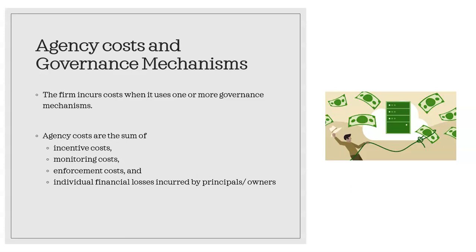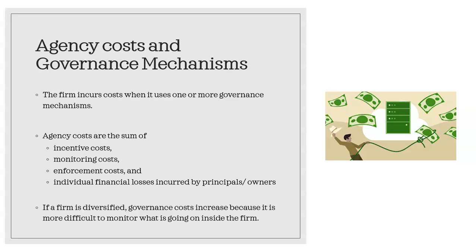So you may have to set up a compliance department, which means that you have to employ more people, and that comes at a cost. And of course, the individual shareholders, the owners, will also experience financial loss because they have to pay for these things. They're paying for incentives like stock options in addition to the CEO's salary, and they're paying a lot of money to a whole compliance department, and that comes at a loss to the owners.